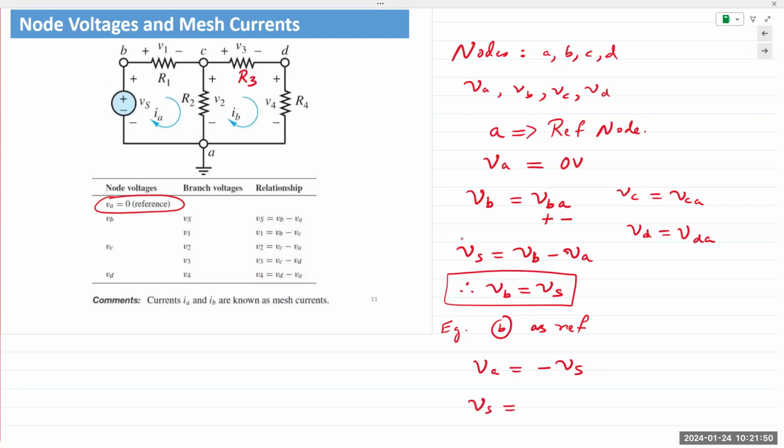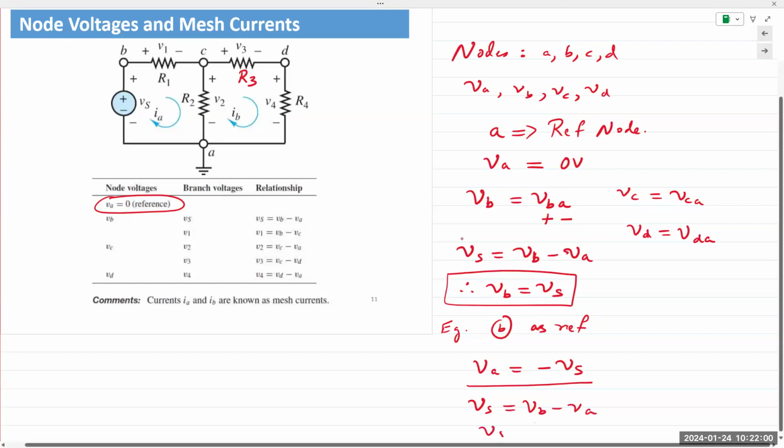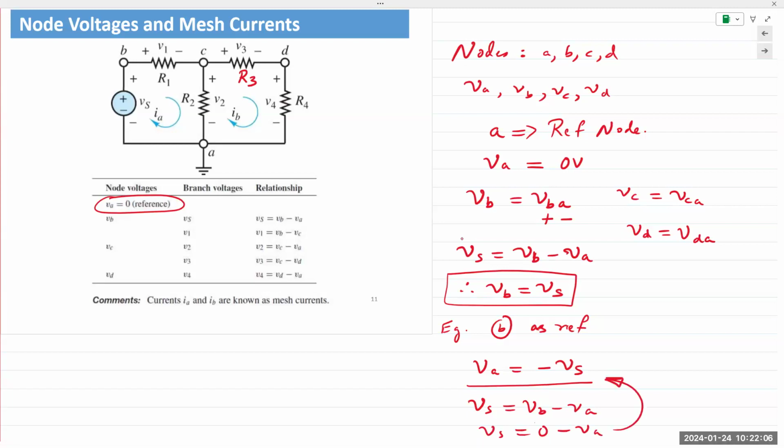The explanation is VS is equal to VB minus VA, but VB is 0. And therefore VA is equal to minus VS. Does that make sense to everyone?